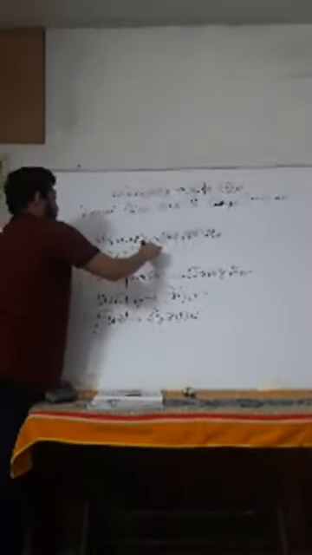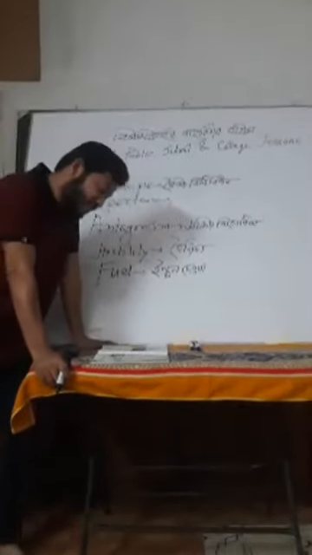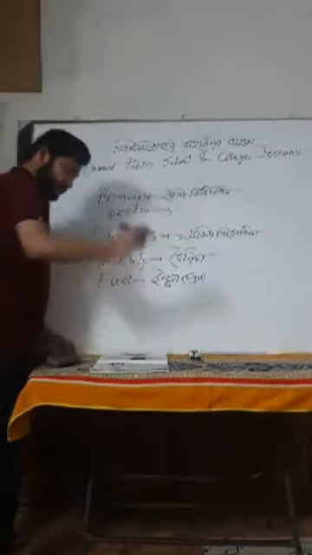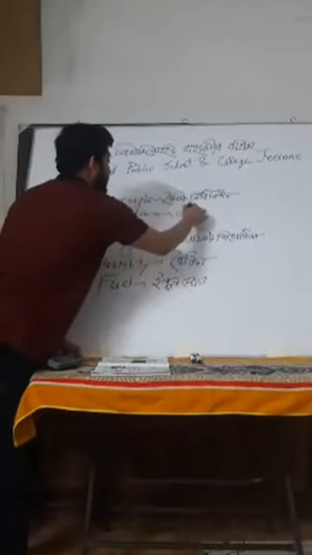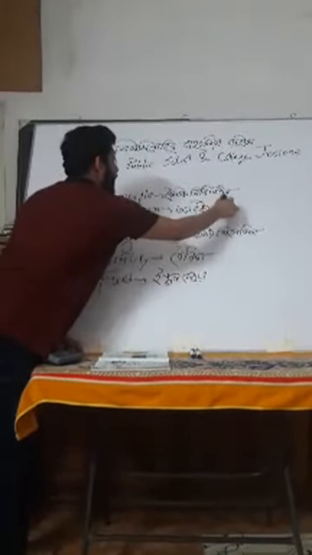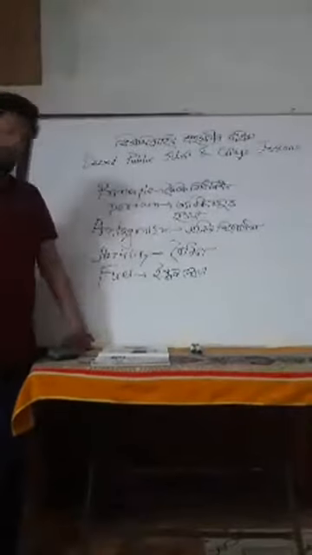And then part. Part means to belong to something as a part. Part means অধিকার ভুক্ত হওয়া, অথবা অংশ হিসেবে যুক্ত হওয়া.